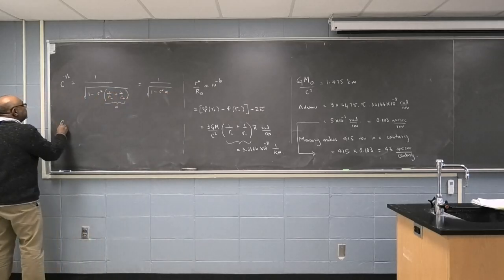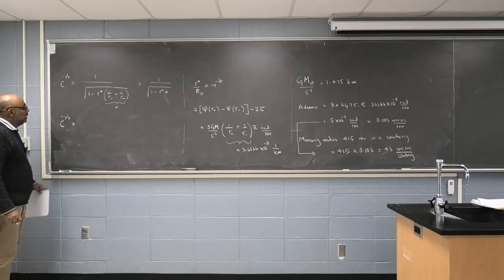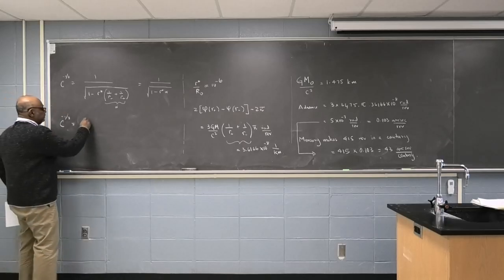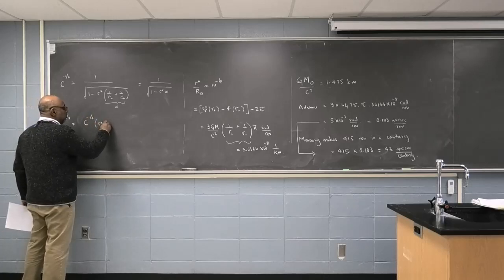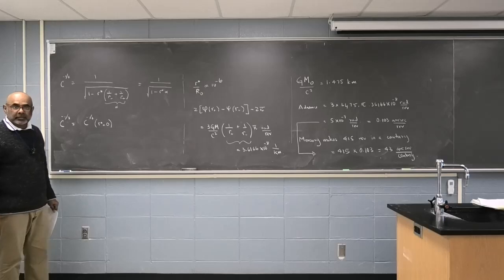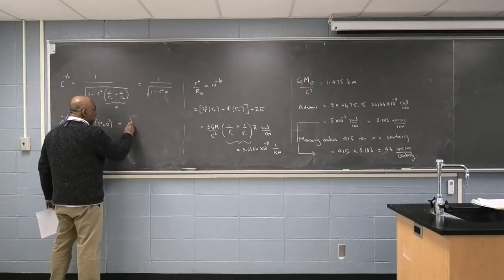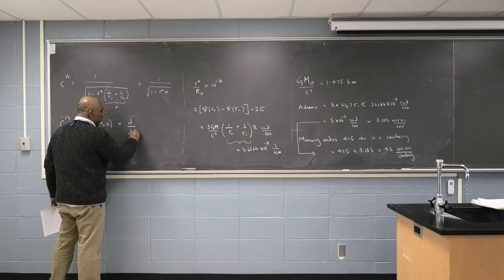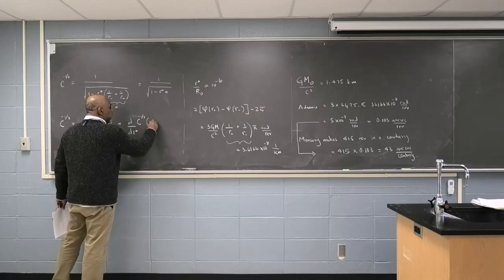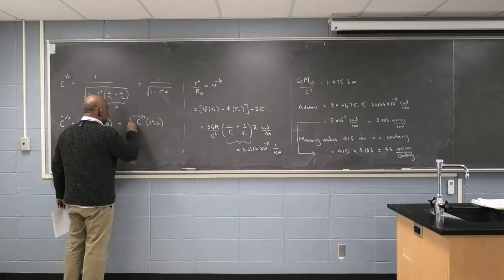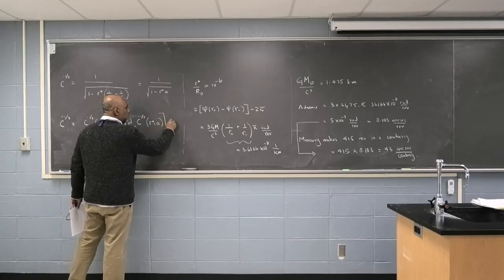So when I say approximate this to first order, I will calculate this at r star equal to 0, Taylor expansion. Plus, I will take the derivative with respect to r star and then evaluate it at r star equal to 0, and then, so this is a number times r star.